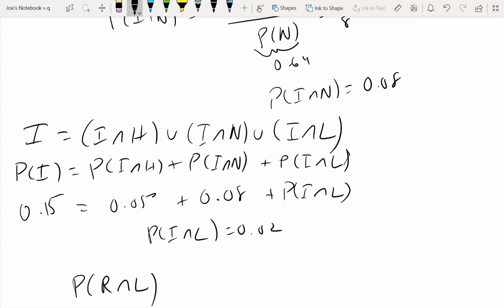How much of that have we already accounted for? 0.02, so we need to subtract, right? So this will be 0.22 minus 0.02 to give us 0.2. And again, that's because the low blood pressure people are made up of irregular heartbeats and regular heartbeats. So what's left over had to be the regular heartbeat.